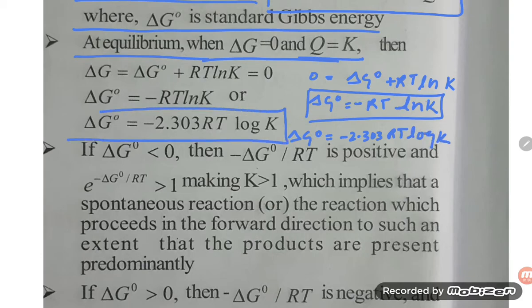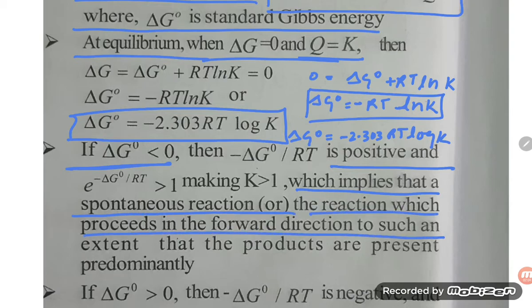This term is coming. If delta G naught is less than 0, that is negative, then minus delta G naught upon RT is positive, and e to the power minus delta G naught upon RT is greater than 1, making K greater than 1, which implies a spontaneous reaction, or a reaction which proceeds in the forward direction to such an extent that the products are present predominantly.